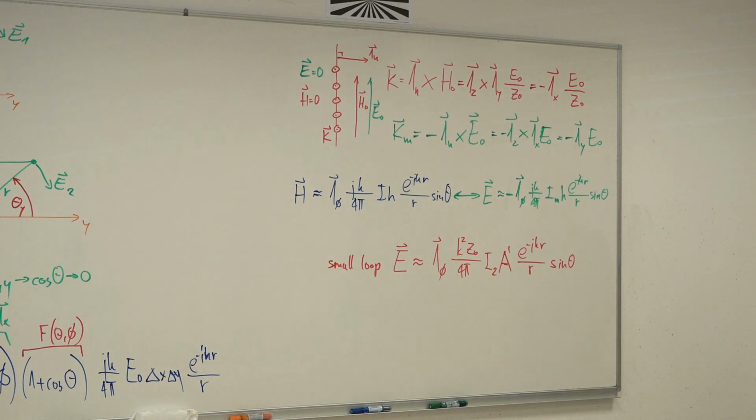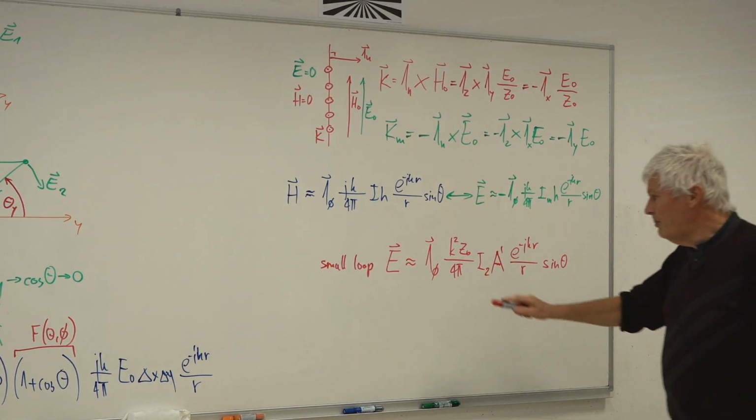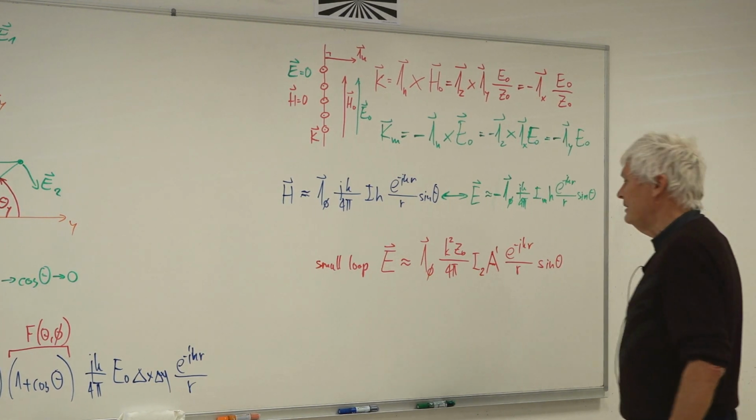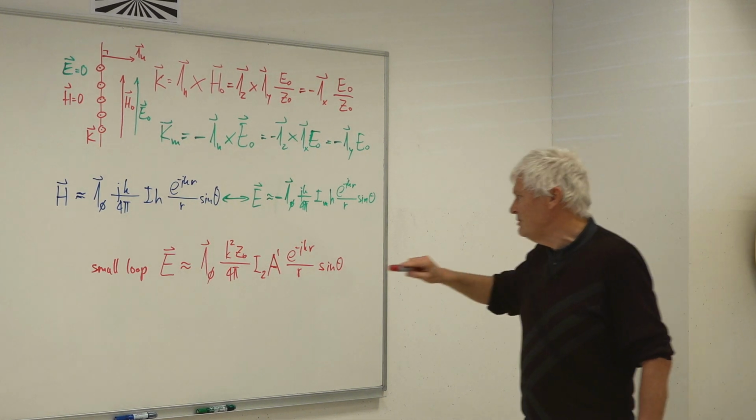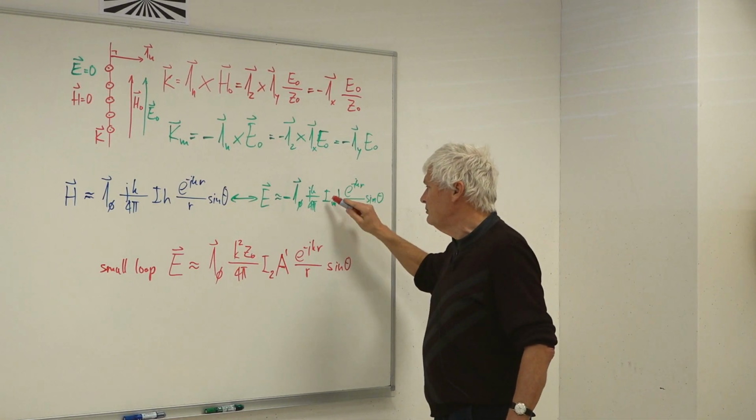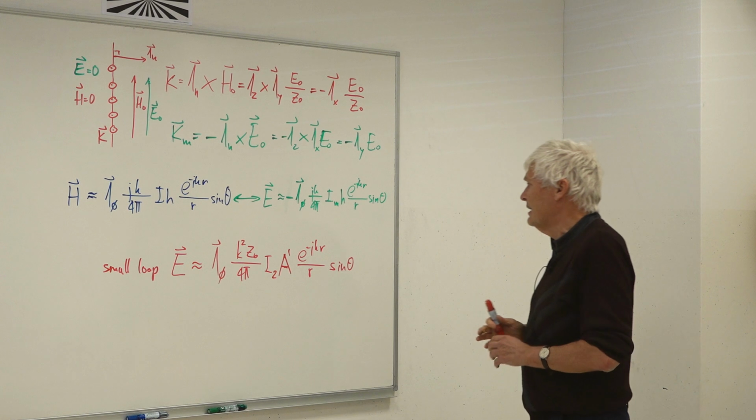You see that with a small loop, we can generate exactly the same field, exactly the same jump as we can generate with this strange magnetic current.